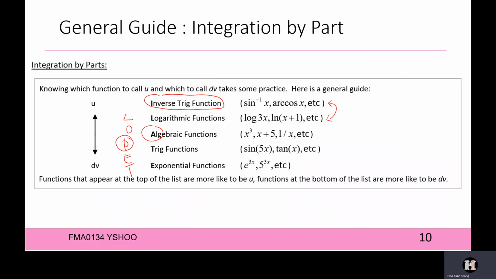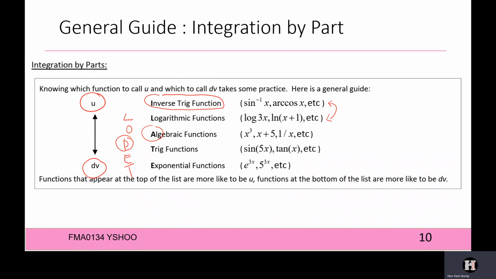The main idea of integration by parts is you need to choose the suitable candidate for u and the candidate for dv. Who can be the candidate for u, and who can become the candidate for dv? You need to make sure of one thing.